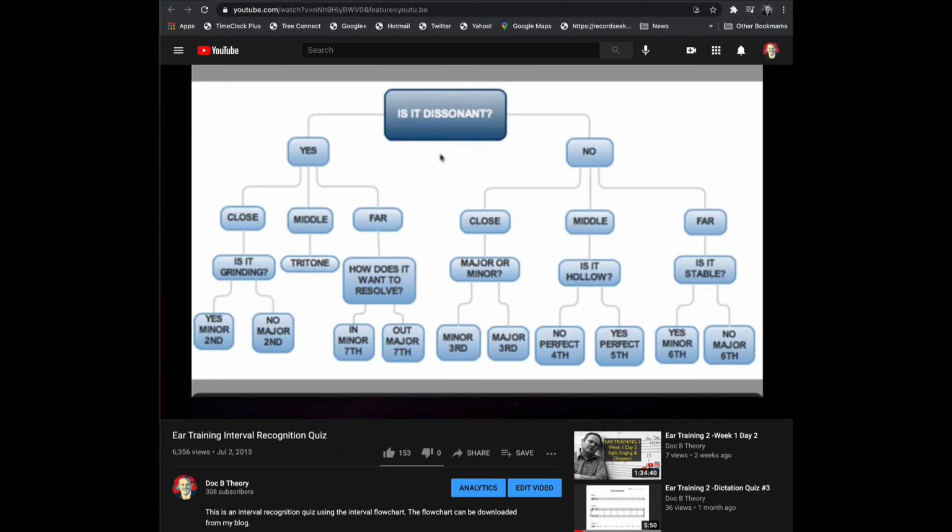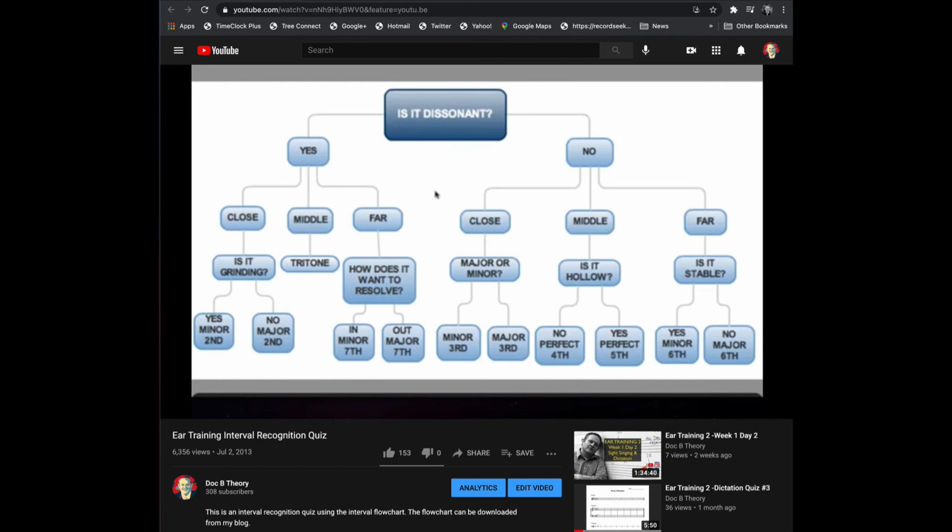I have up here an interval flow chart to help you distinguish which interval I'm playing based on a few questions. Is it dissonant? Is it grinding? Is it close, middle, or far? Or is it more consonant? And that will take you through each side of the flow chart to find out which interval you are hearing.